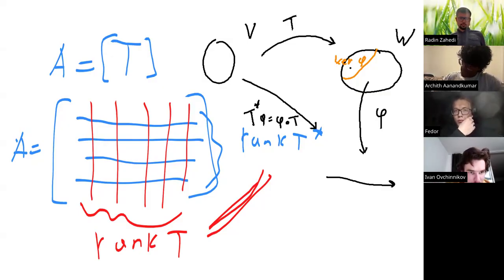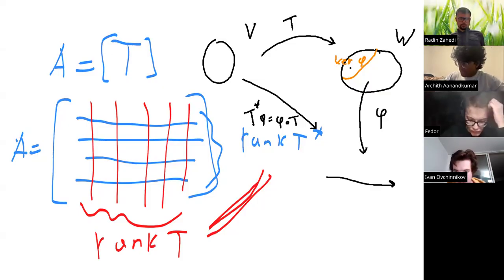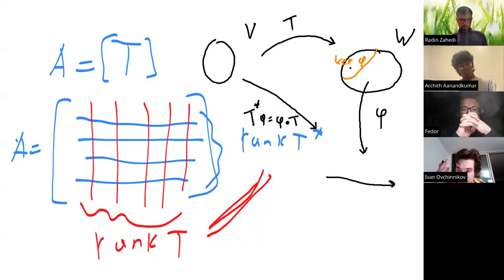If I have a certain subspace U, then the annihilator of the subspace is all of the linear functionals that send at least U to 0, and everything else, it can do whatever. Okay? And that's good.